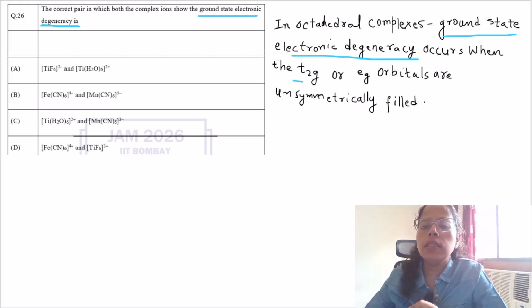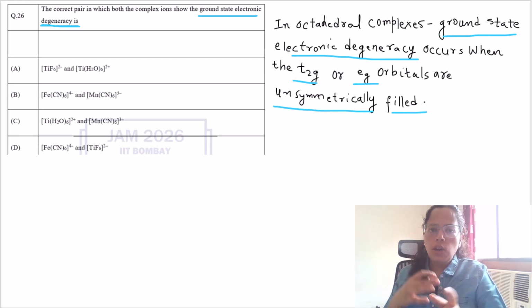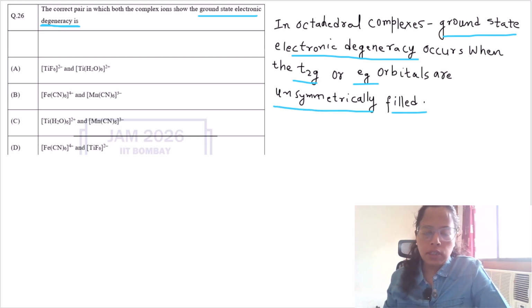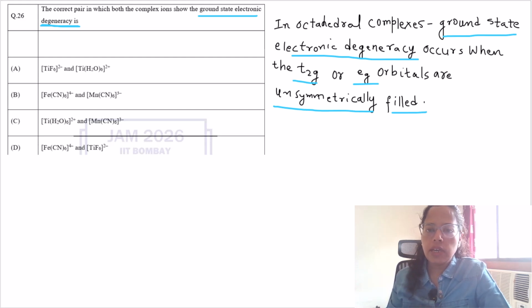It occurs when either the T2G or EG orbitals are unsymmetrically filled. And if the T2G or EG are symmetrically filled, that does not show electronic degeneracy, and those are called non-degenerate.